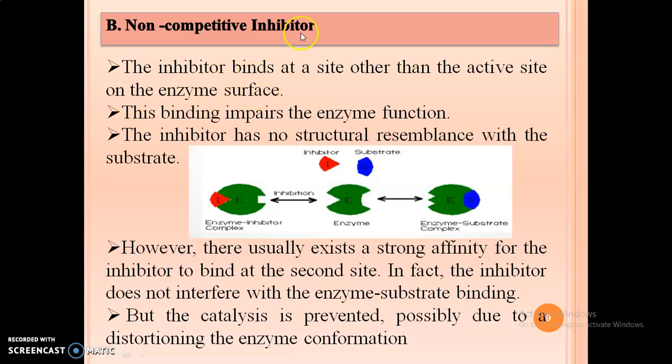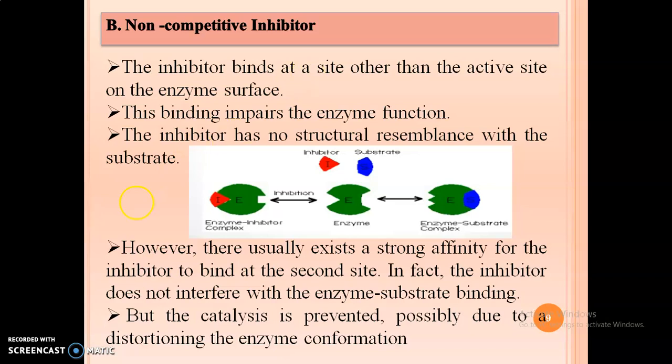But here, there is no structural resemblance between your inhibitor and your substrate. So it doesn't bind to the active site. It binds other than the active site. And third, this binding impairs the enzyme function, and that is true for all inhibitors, right? They make your enzyme unavailable for your substrate and thus cause inhibition.